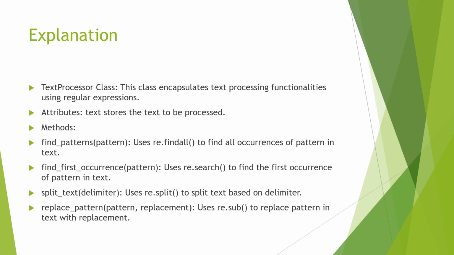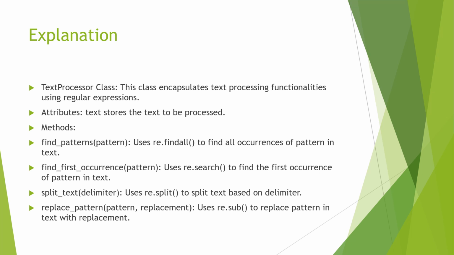The TextProcessor class contains attributes and methods to operate on the values of attributes, and this implements the encapsulation concept of object-oriented programming to implement the text processing task using regular expressions. Here we have one attribute, text, which is used to store the text to be processed.